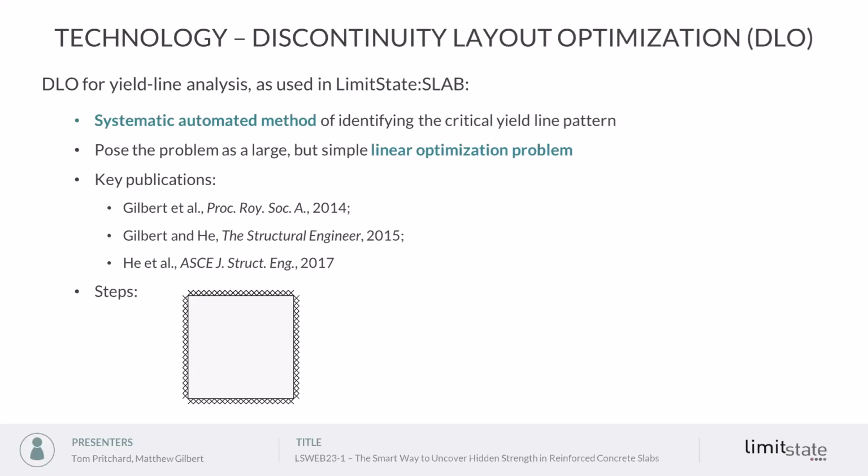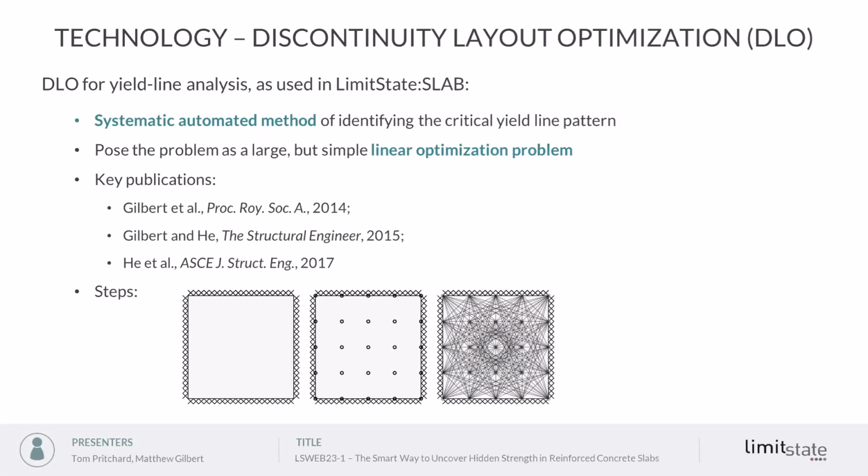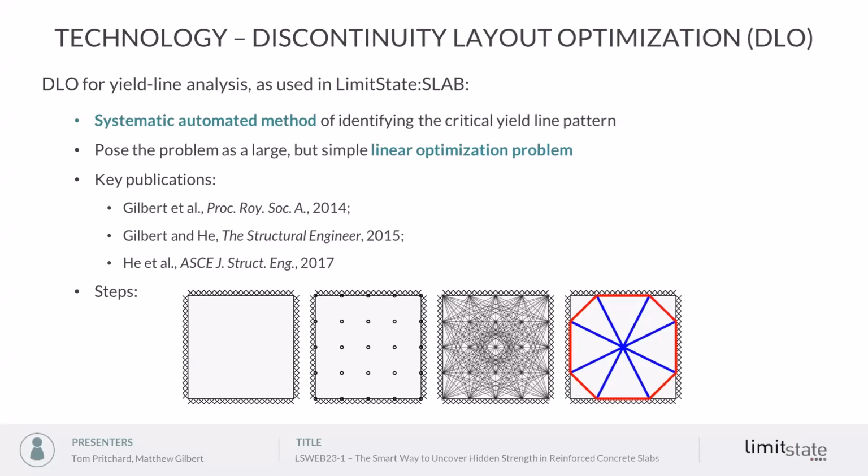In terms of how it works, basically, imagine you've got, for example, a square slab with fixed supports. The way we tackle that with DLO is we populate the slab with nodes. We then interconnect those nodes with potential discontinuities, in this case yield lines, and then we use optimization to find the critical yield line pattern.